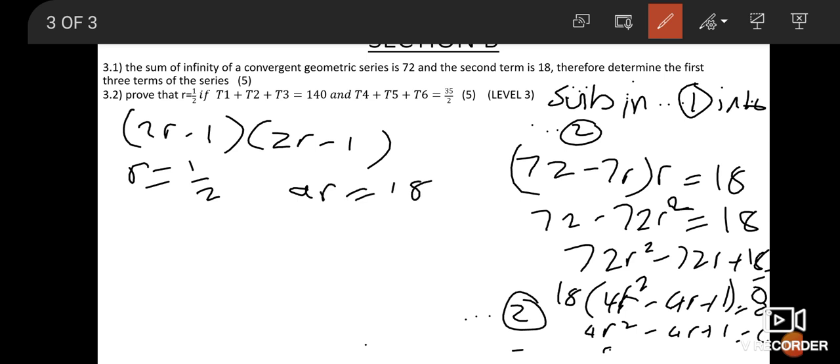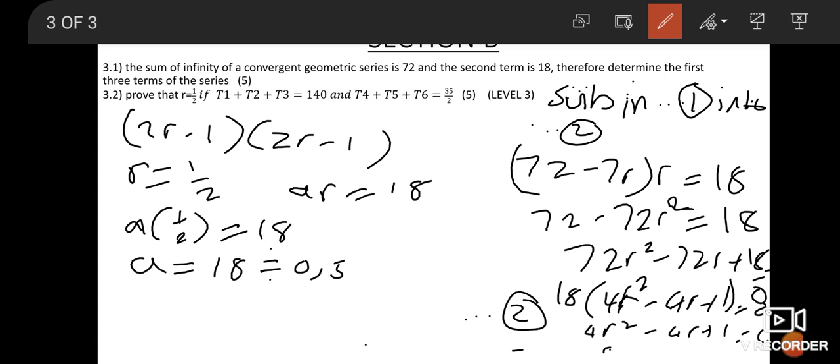So now we can sub this half into equation 2, which was ar equals 18. So it becomes a times a half equals 18. Therefore, a equals 18 divided by 0.5, which is a half, so a equals 36. Now the question asks us to determine the first three terms of the series.